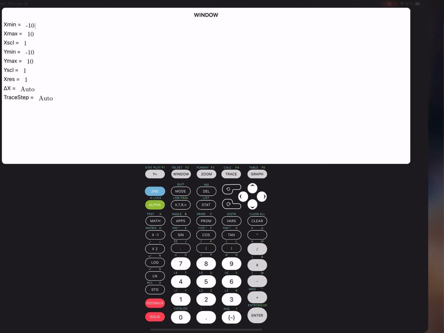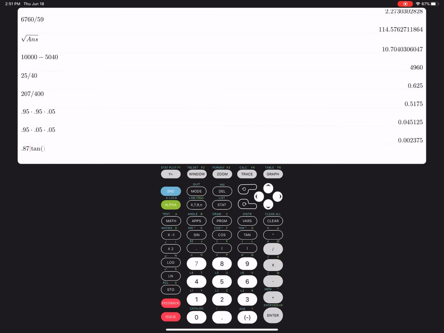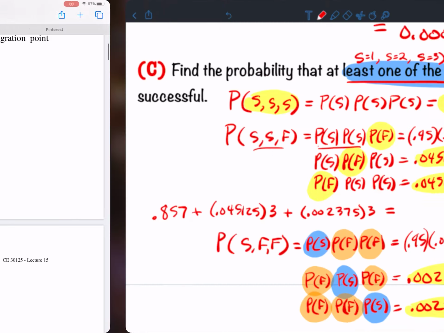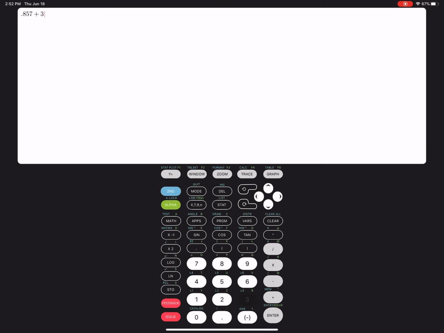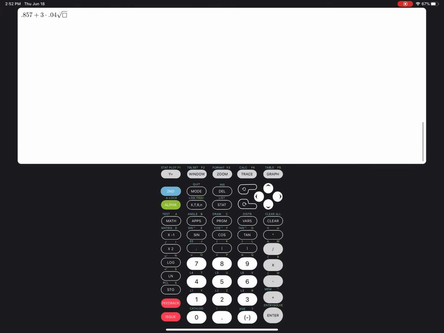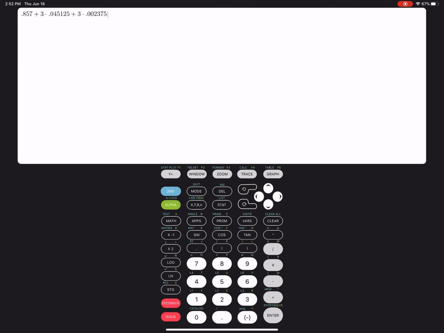And if I add all those up, 0.857 plus 3 times 0.045125 plus 3 times 0.002375, enter, and that's 0.9995.